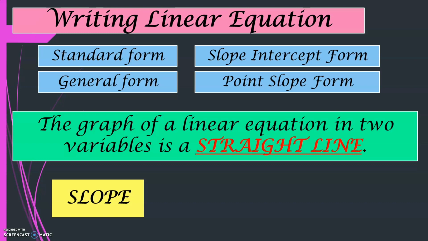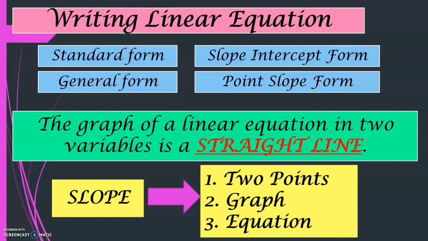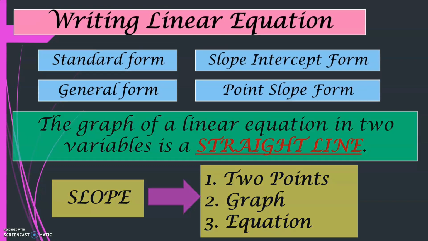We can find the slope of a line given two points, given a graph, or given the equation. In the equation, we need to transform a given linear equation into slope-intercept form, which follows the form y is equal to mx plus b, where m is the slope and b is the y-intercept.